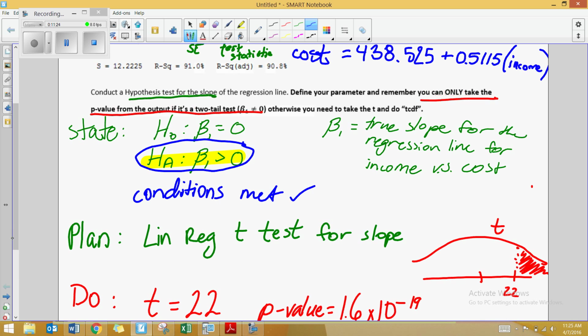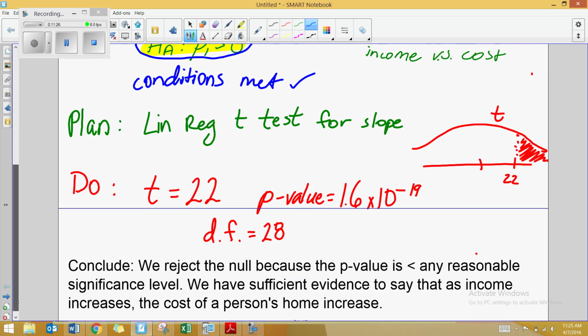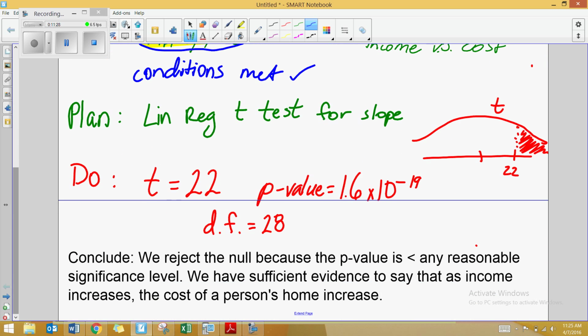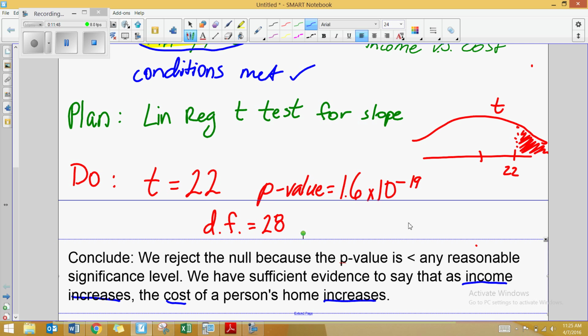Just like we've seen in every single hypothesis test up to this point, we have first sentence is decision and justification. Second sentence is we either found evidence or didn't find evidence for the alternative. So I just needed to put the alternative in context. So income increases, cost increases. And that needs an S.